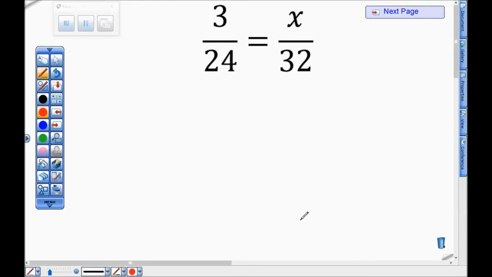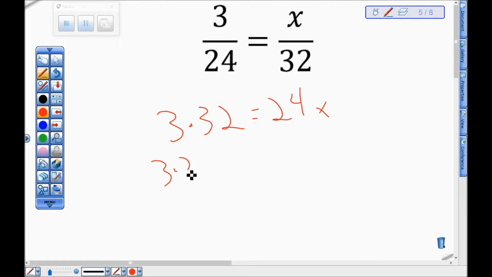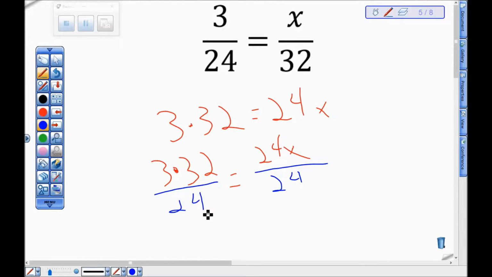Okay, here I've got 3 over 24 equals x over 32. So 3 times 32 equals 24x. Divide both sides by 24.